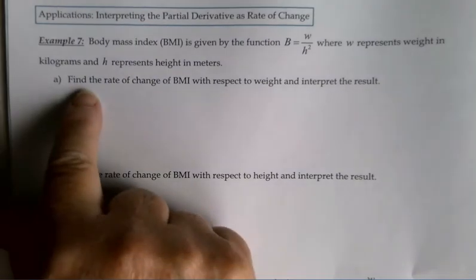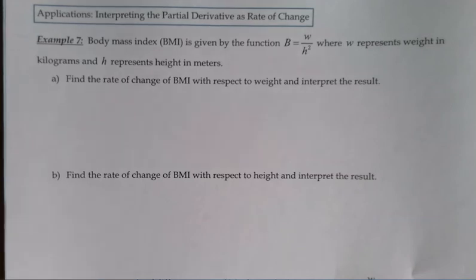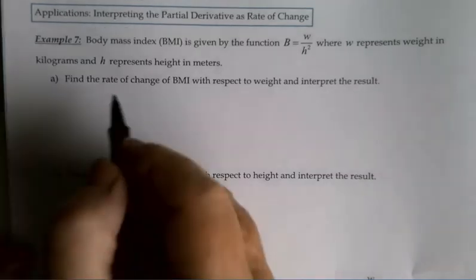The first thing I'd like to do is find the rate of change of BMI with respect to weight and interpret the results. So I'm asking for a rate of change.